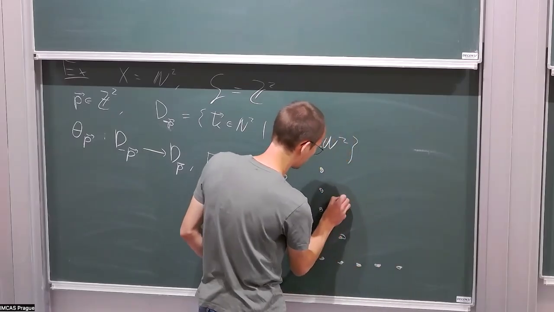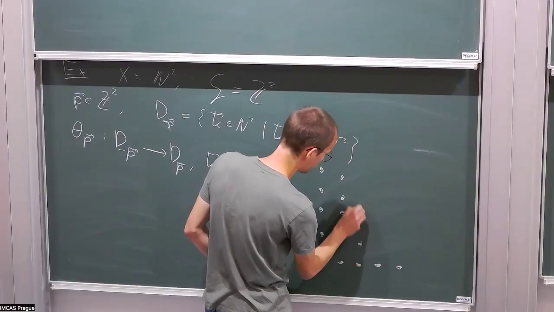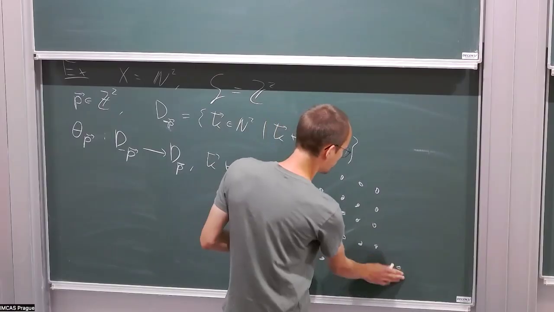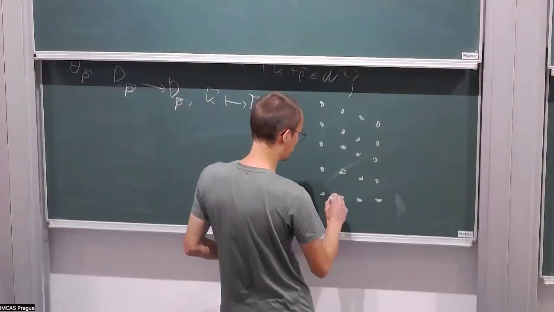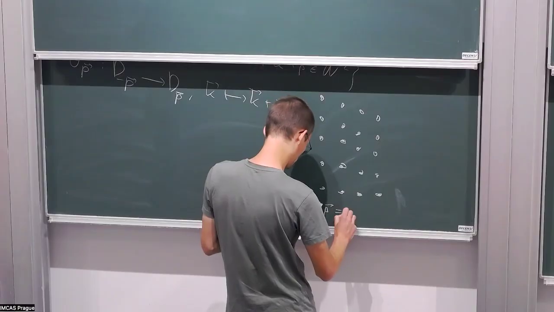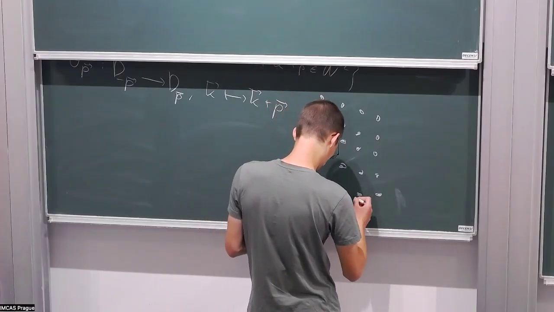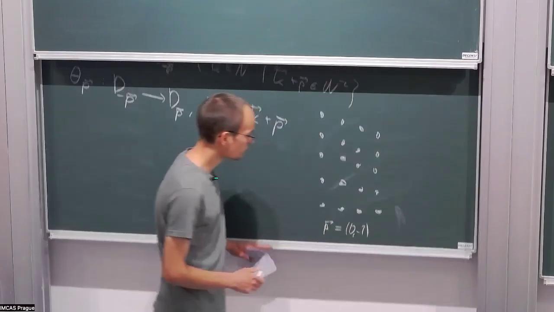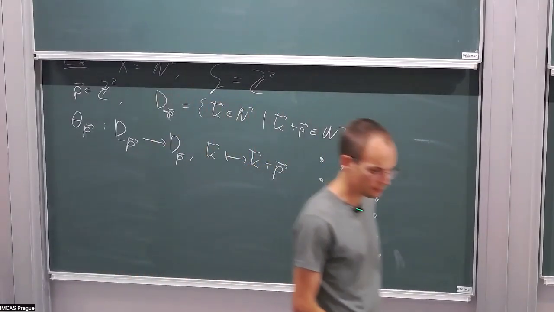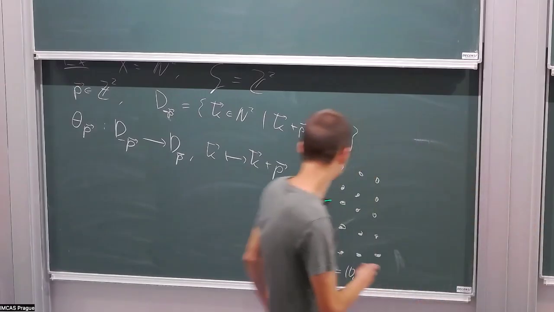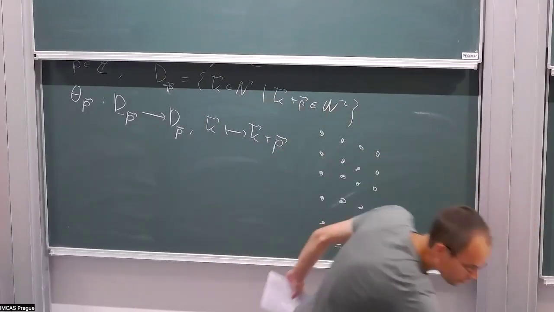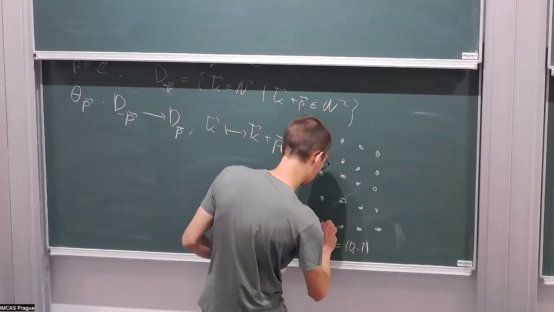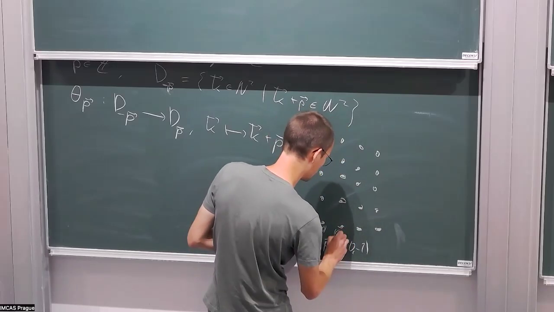it always takes a long time to draw these things. Okay, so now let's say maybe p is equal to 0, minus 1. Now it's clear that if I have a point that is here, so the way I draw this, this is supposed to be 0, 0. This is 0, 1.